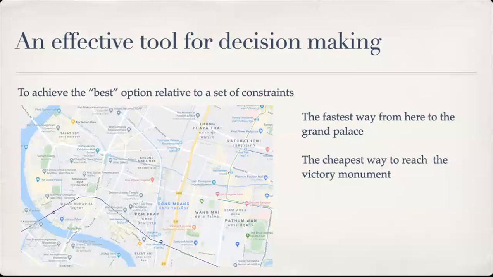And subject to the resources you have, a set of constraints, for example, the time, you cannot spend 2 hours from here to Victory Monument, something like that. And now the travel time becomes a constraint, right?